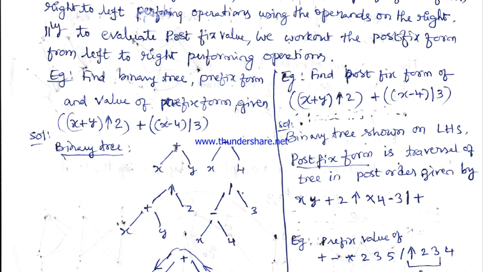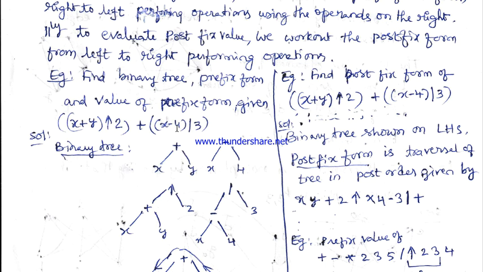Plus is taken as the root, x and y the corresponding children. Corresponding to x minus 4, minus is taken as the root, x and 4 its children. Now for (x plus y) power 2, power is taken as the root, the subtree at plus is taken as the left tree and this 2 is taken as the right child of the vertical arrow.